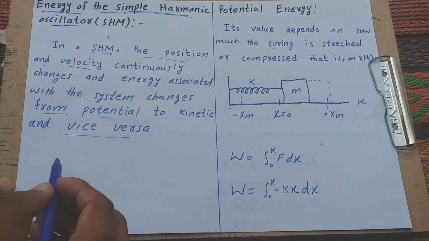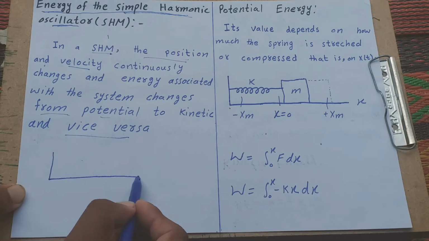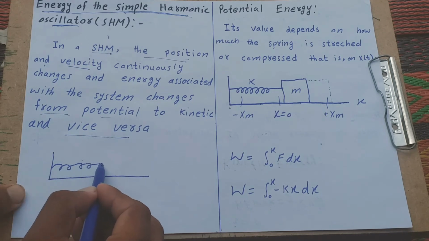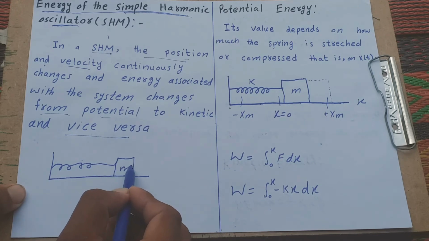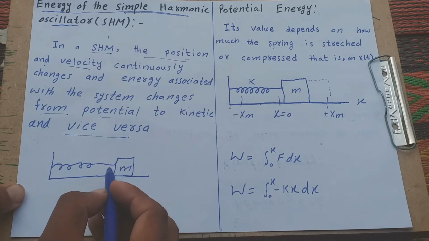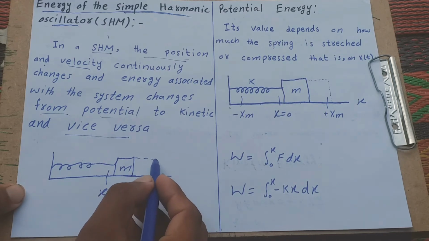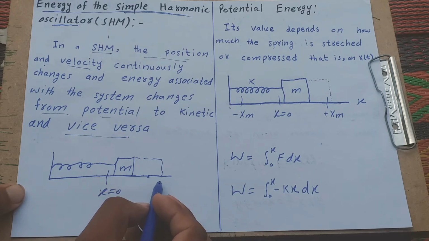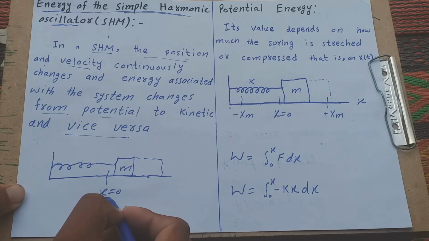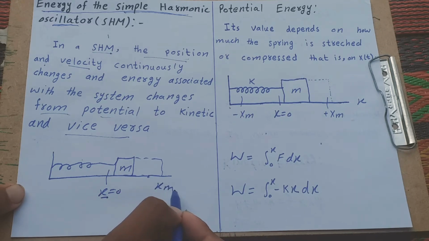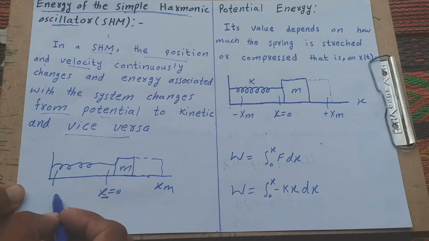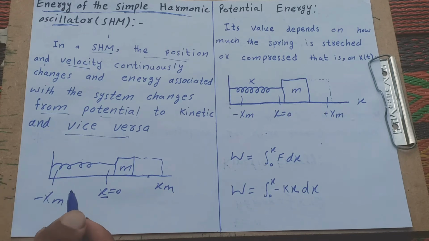Okay, understand? For example, this is a linear oscillator, and this is the mass and this is the mean position. If we stretch the spring onward from the mean position, the displacement is maximum, and backward from the mean position is negative displacement.